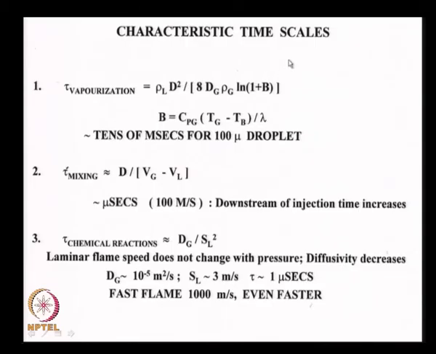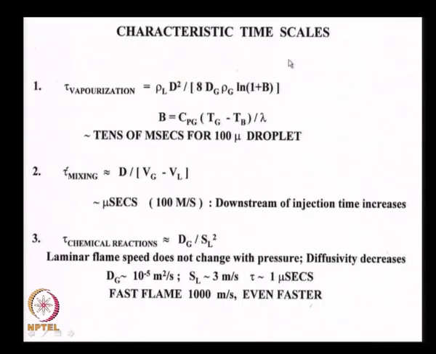We found the time for evaporation in terms of the transport number B. You will recall B was defined in terms of mass fraction. It is also possible to define it in terms of enthalpy divided by the latent heat of vaporization.